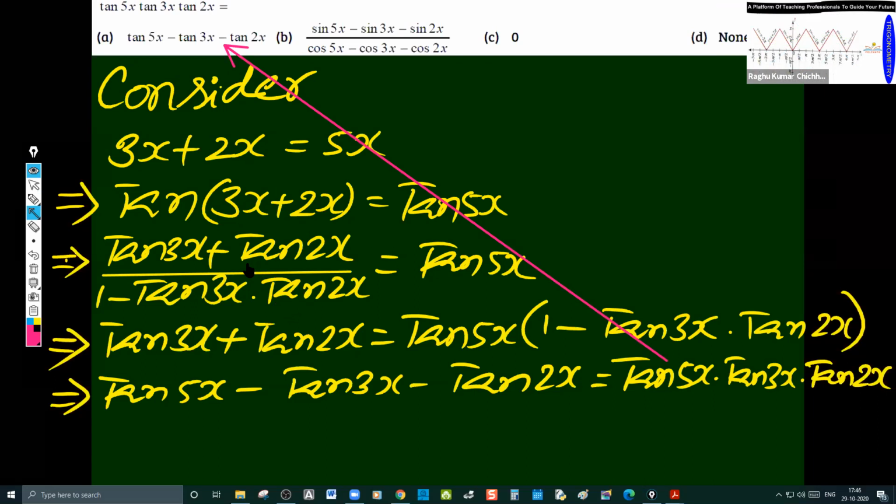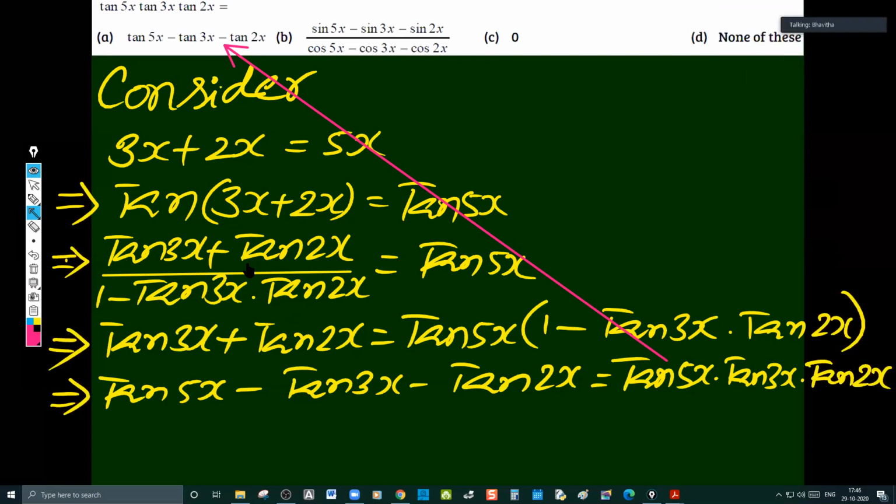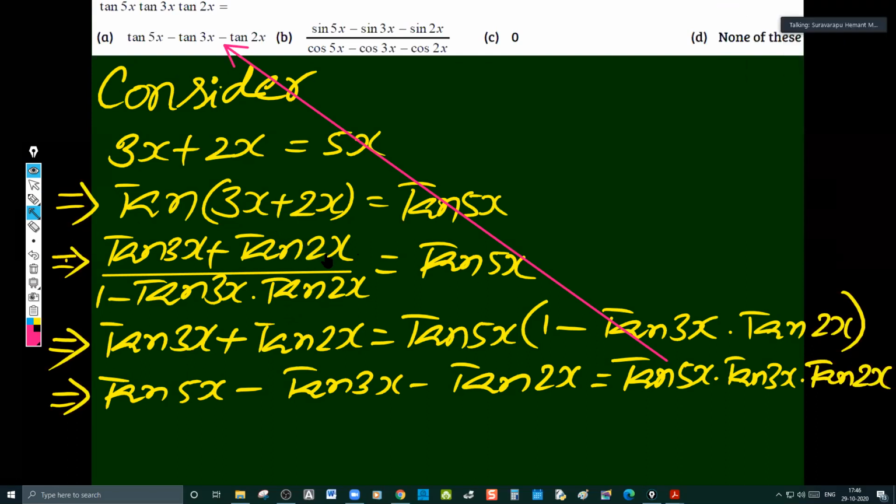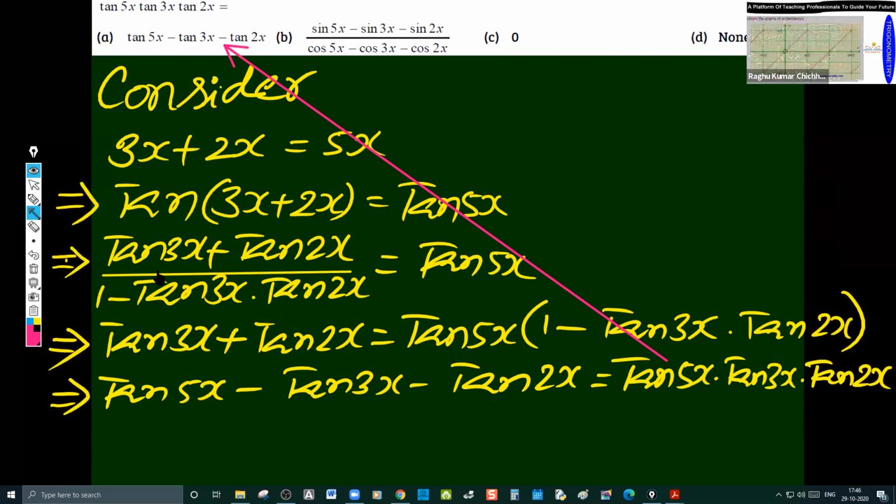Any explanation needed in this one, please? The last step, I can't understand, sir. The second last one? This one I cross multiplied. So tan 3x plus tan 2x is there, and I cross multiplied tan 5x into 1 minus tan 3x tan 2x.